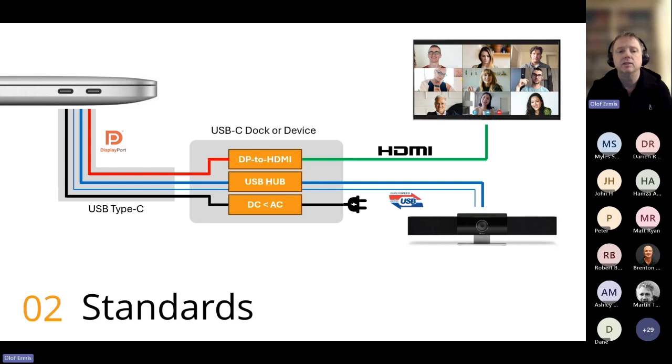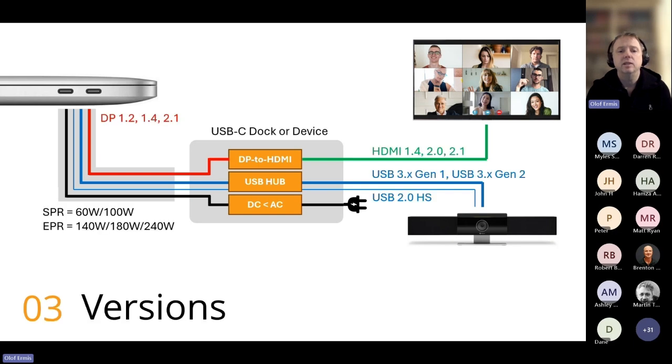And to understand a bit more how it works on a high level, this picture shows how the different protocols are handled in a typical video conferencing room. On the left you have the laptop and the USB-C cable. You then have different protocols running, and we can take a look at those here.